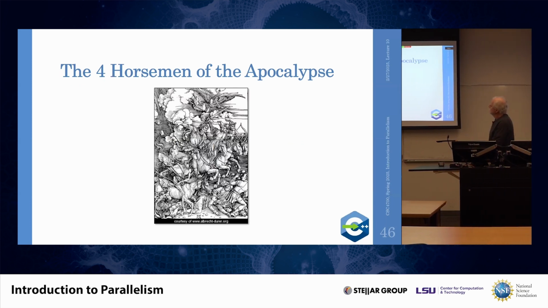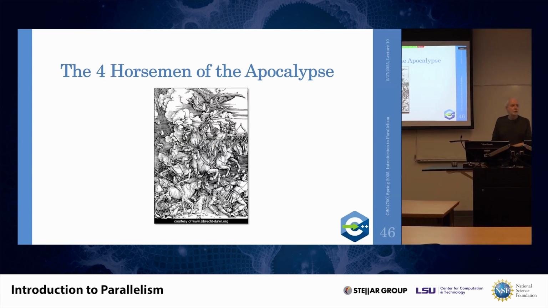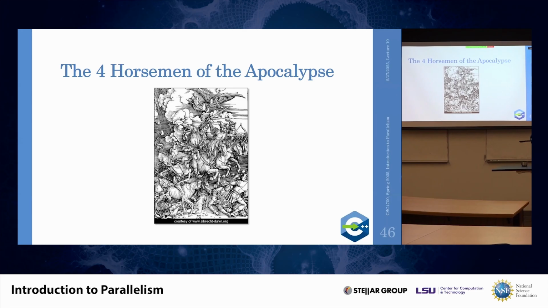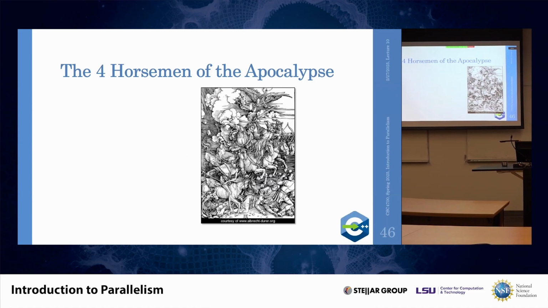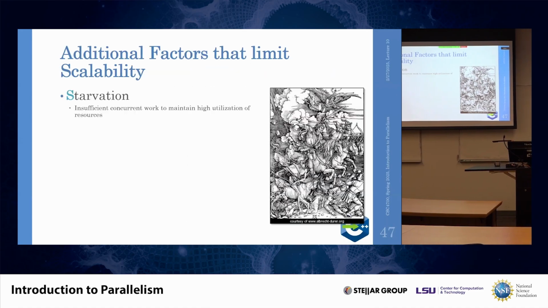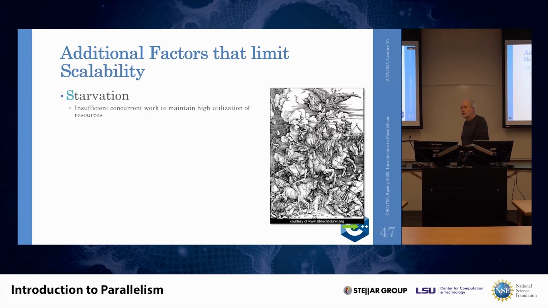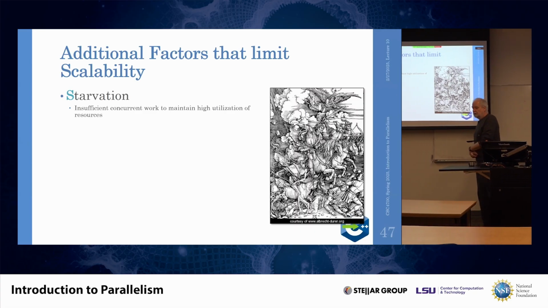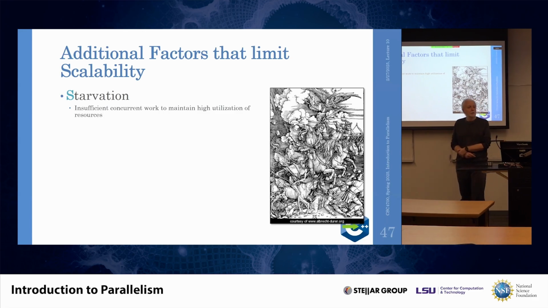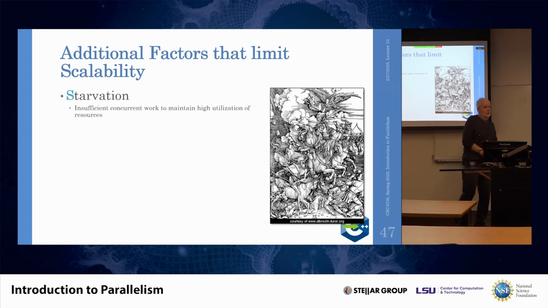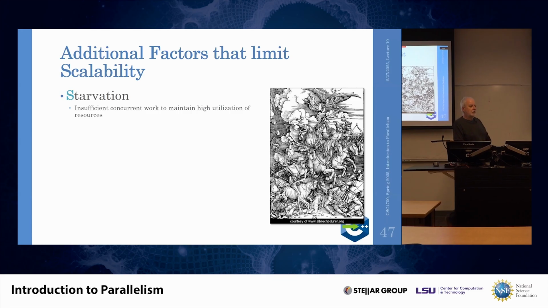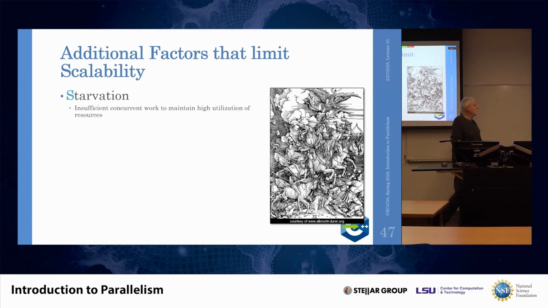Well, there's something I call the 4 horsemen of the performance apocalypse, which is 4 things that come in addition to Amdahl's law. Because Amdahl's law gives us a theoretical bound of what is theoretically possible. But there are 4 factors that additionally limit our scalability.